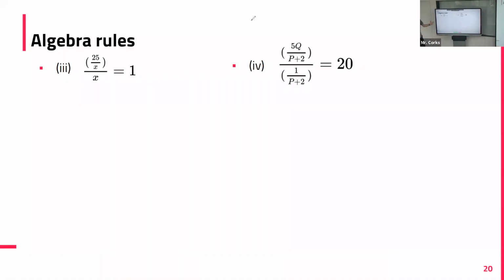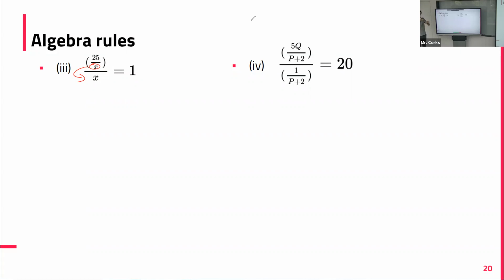So multiplying and dividing with fractions. See if we remember how to do these ones. Okay, so on the left here, I have 25 over x equals 1. How can I simplify it? Sure. Okay. So why does this one go to the bottom?